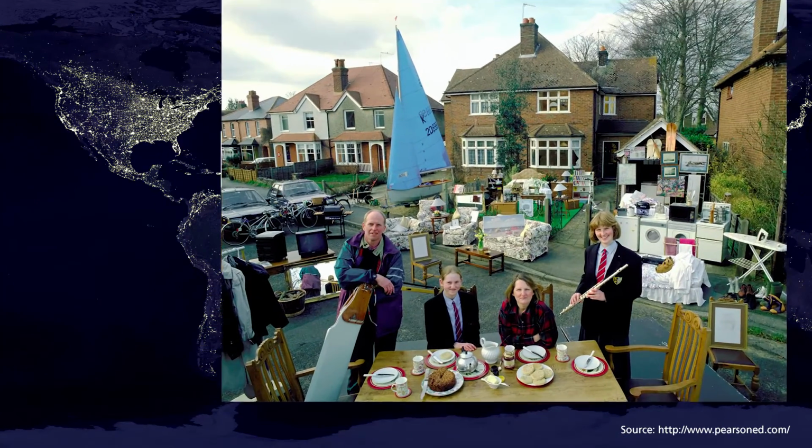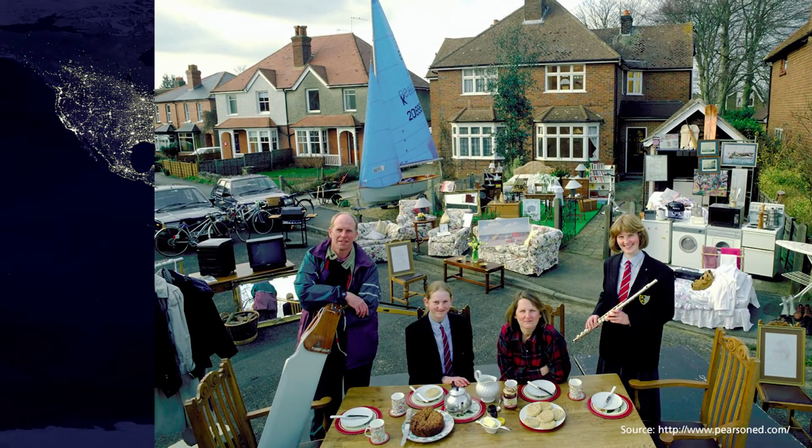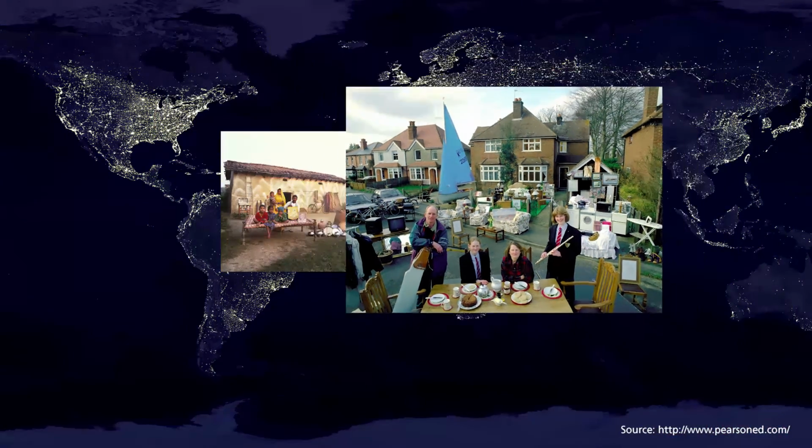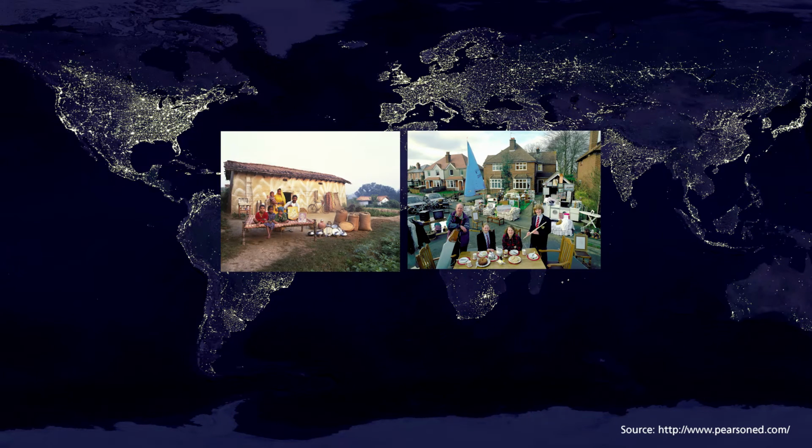And on the right-hand side, you see a picture of an English family in the suburbs, and their resource usage is considerably higher. 2 cars, a much larger house, a lot of electronics, clothes, furniture, etc. While the Indian family has basically 1 bed, a bicycle, some pots and pans, and grains.